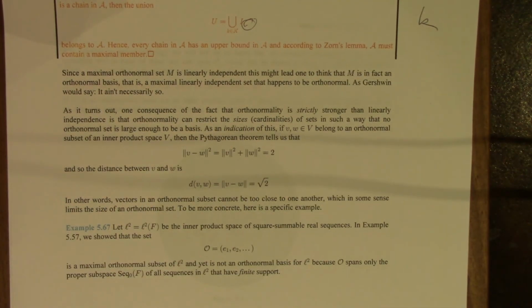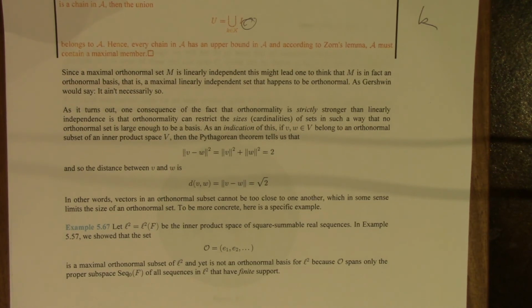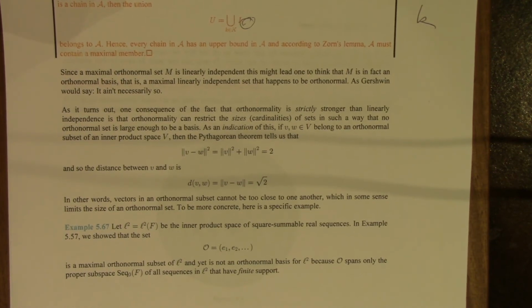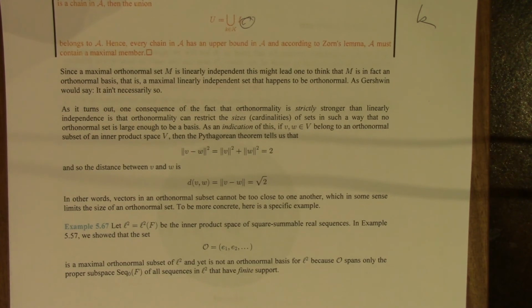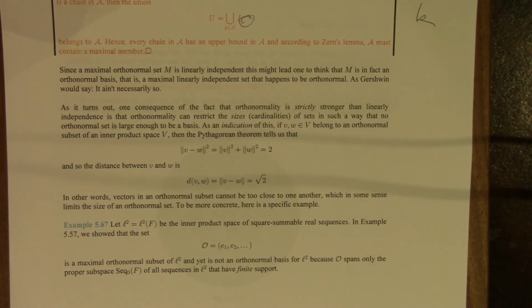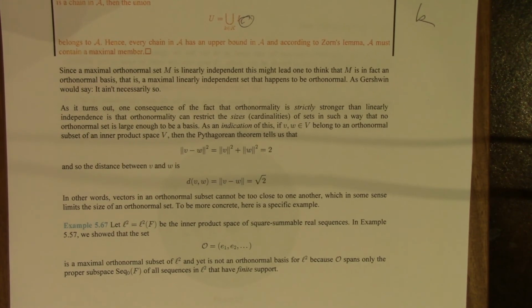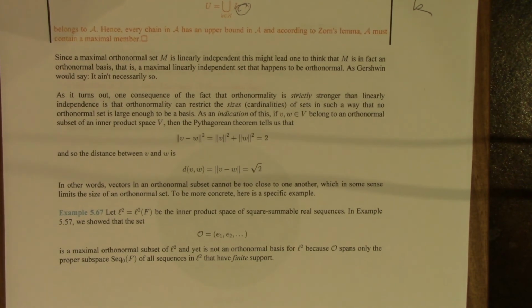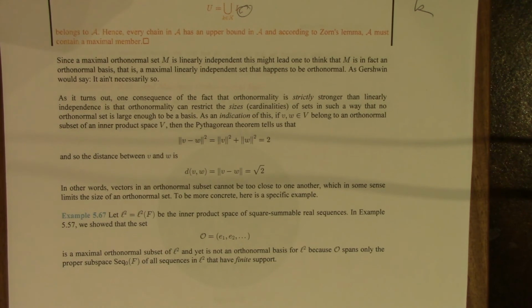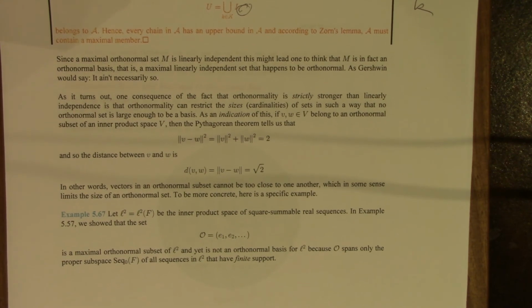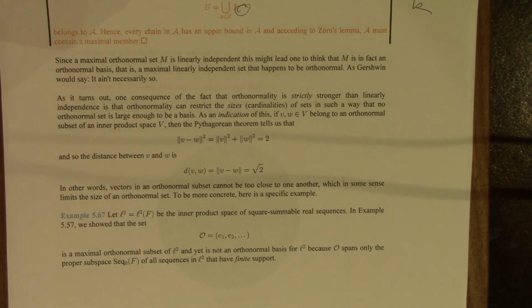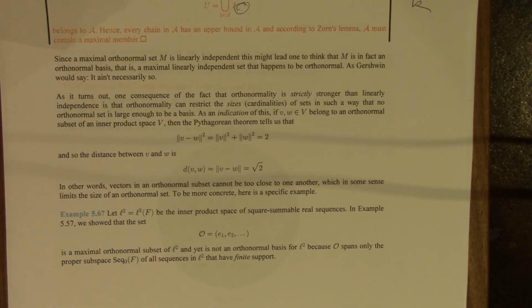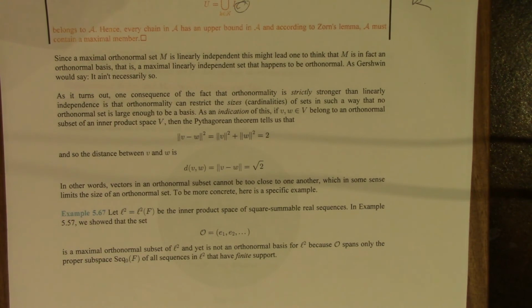Now we need to be very careful. Since a maximal orthonormal set, M, let's say, is linearly independent, this might lead you to think that M is in fact an orthonormal basis, but it's not. Maximal linearly independent sets are not the same as maximal orthonormal sets.